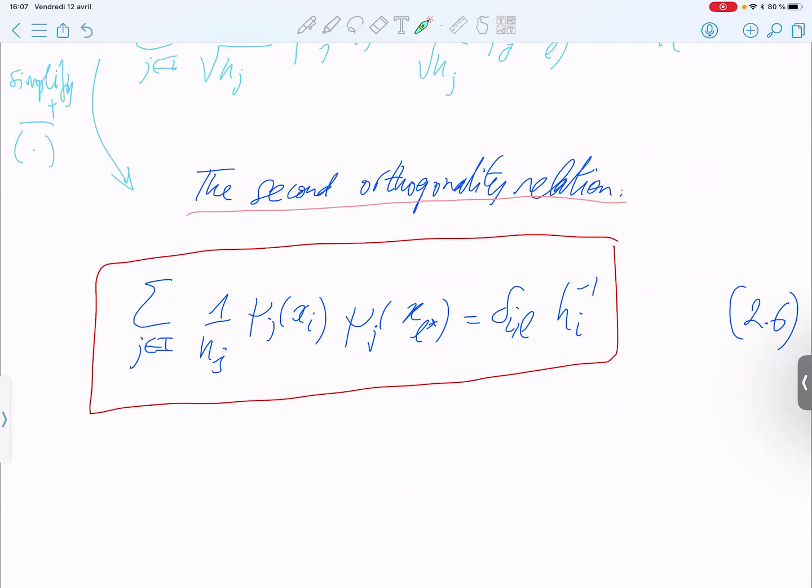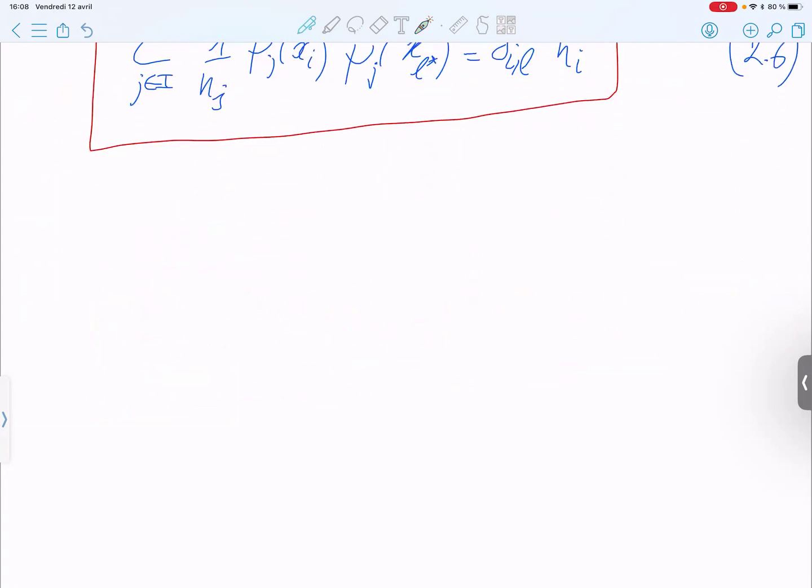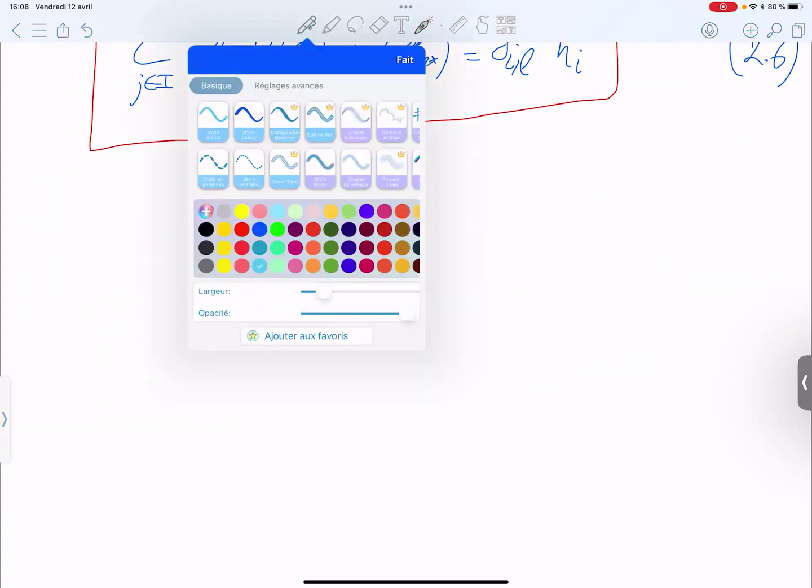Now I will make the pause. So I just write the title. We will start a new subsection, and then I will make the pause.